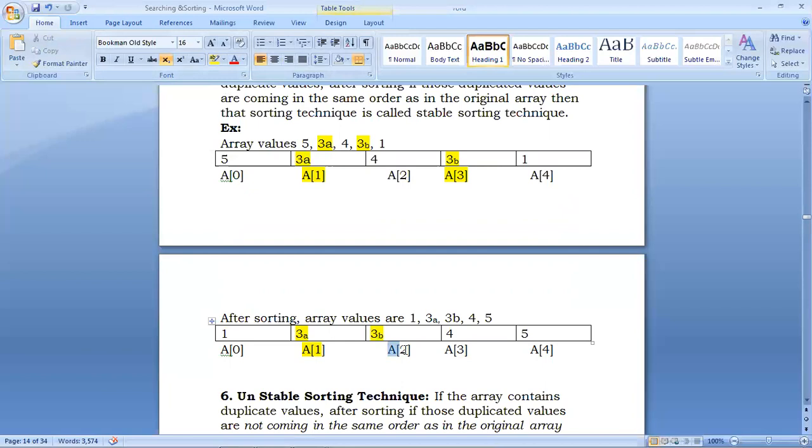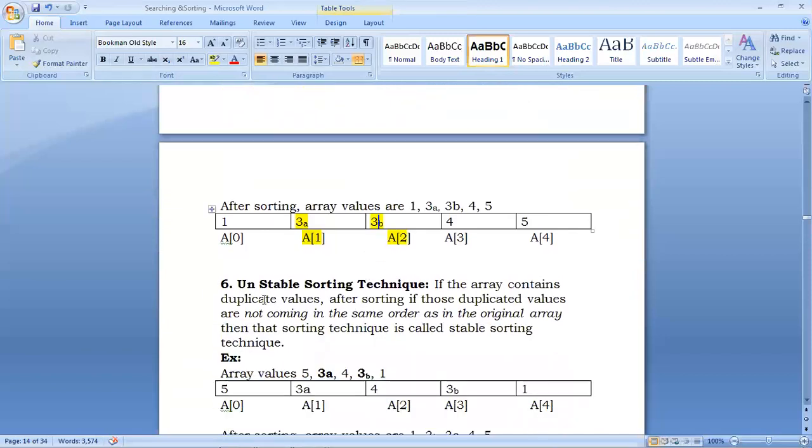What is its position? a[2]. Then 4, 5. Between the first duplicate value and the second duplicate value, which comes first? If you observe, the first duplicate value 3a comes before 3b. That's why, if any sorting technique arranges the duplicate values like that, such a sorting technique is called a stable sorting technique.